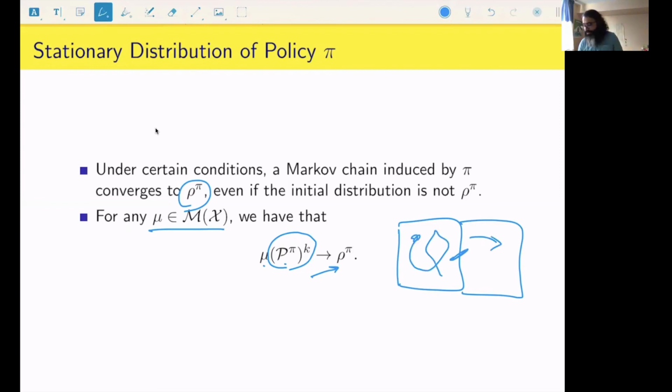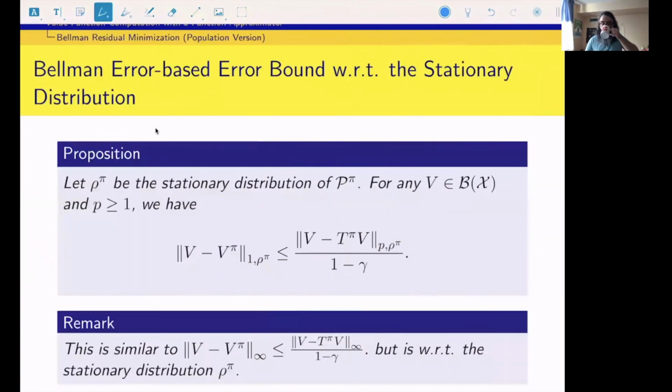So there are issues like this, and I just put them in as conditions. But we have this general property if everything is nice.